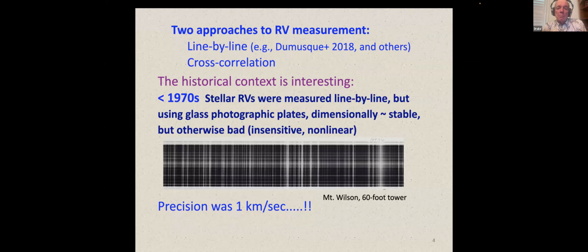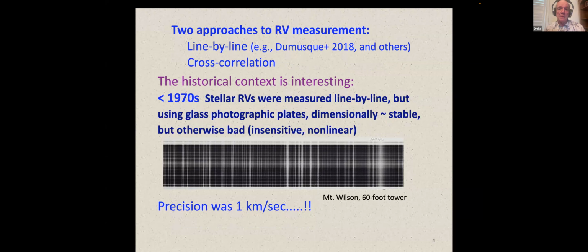Now, there are two approaches to measuring the radial velocities of the sun as a star or of stars. And I want to talk a little bit about how those approaches developed in the history of astronomy. The first is a line-by-line method. You measure the radial velocity of each individual absorption line. And I'm talking about line-by-line spectroscopy today, but I certainly didn't invent it.